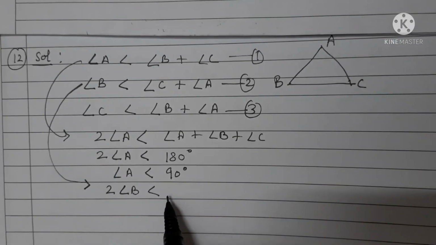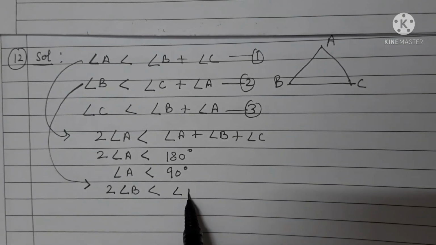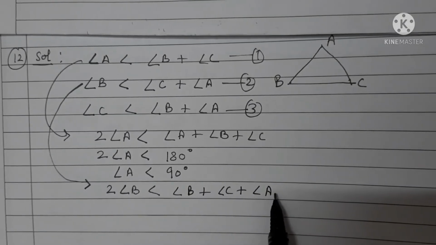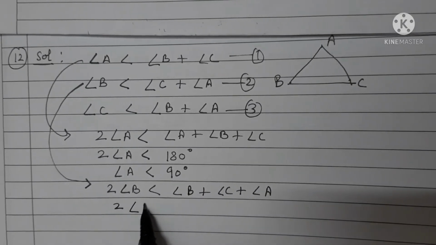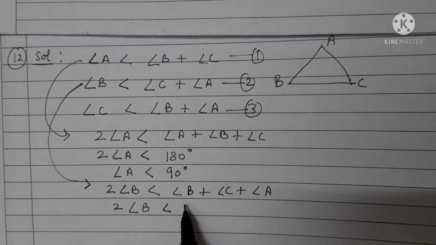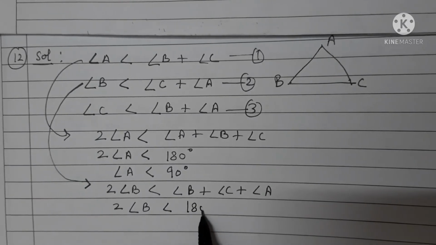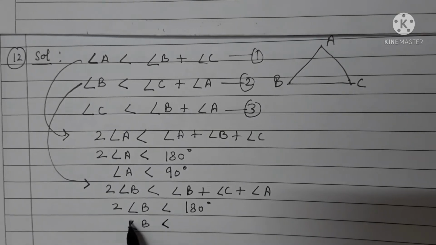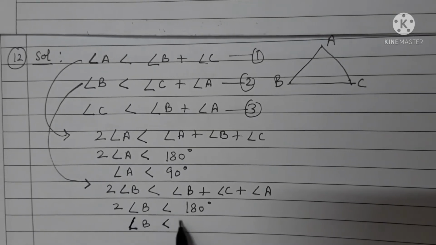So you can write angle B plus angle C plus angle A. 2 times angle B is less than 180 degrees, or angle B is less than 90 degrees.